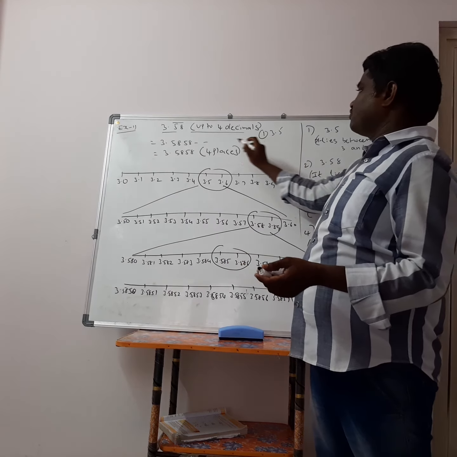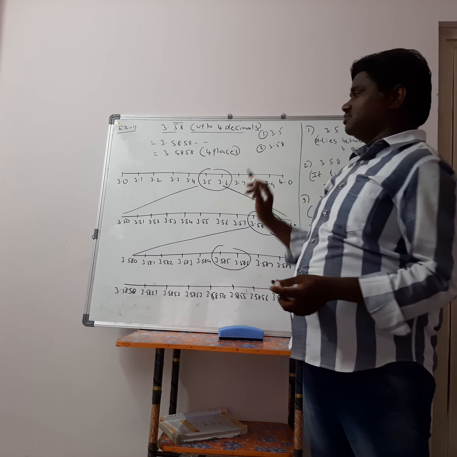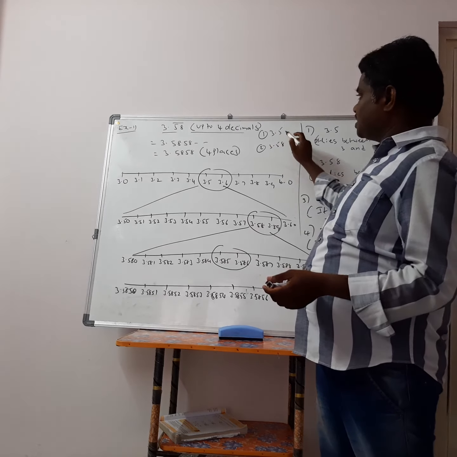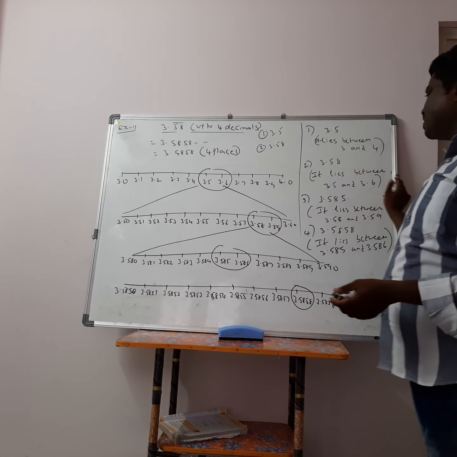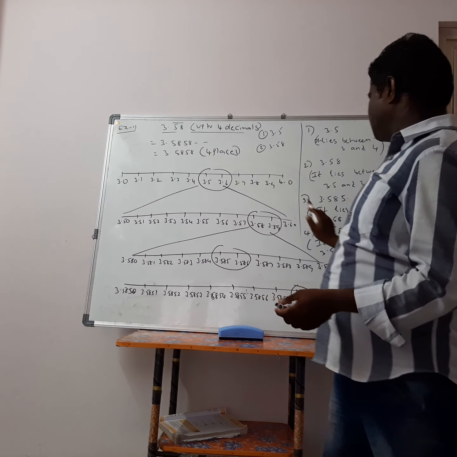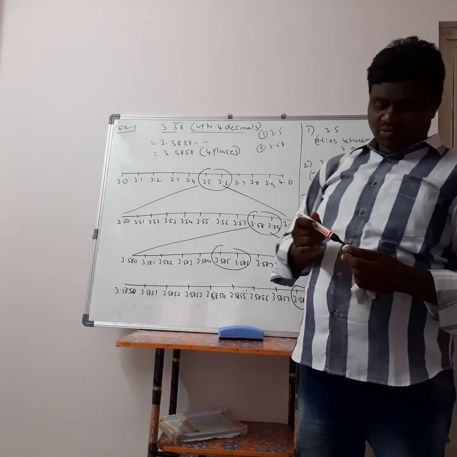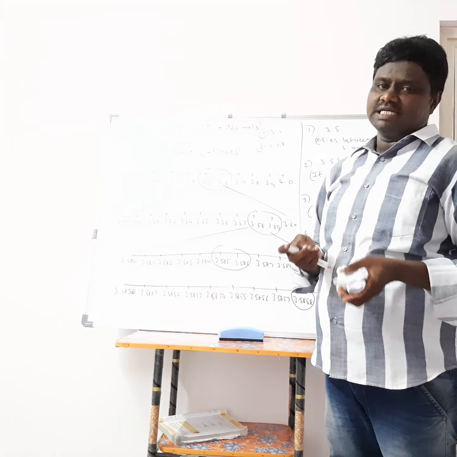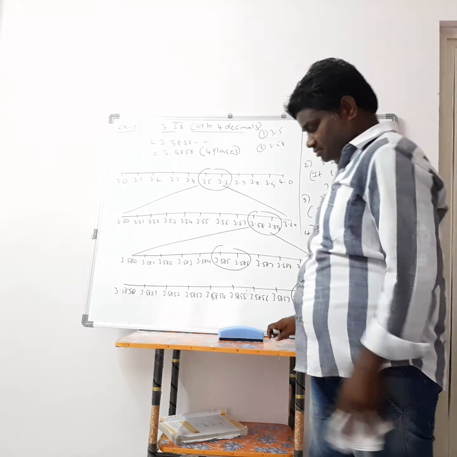Second, 3.58 lies between 3.5 and 3.6. Third one, 3.585 lies between 3.58 and 3.59. Like this, children, if you follow this problem, definitely you will understand. So practice this, children. Okay, thank you.